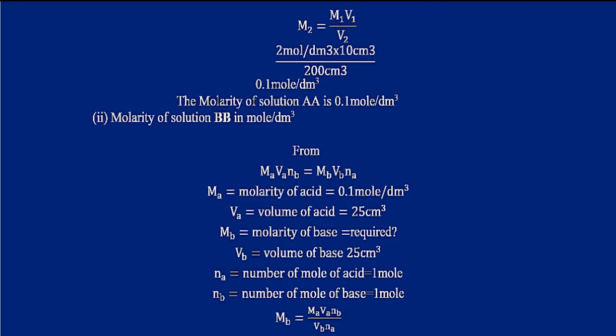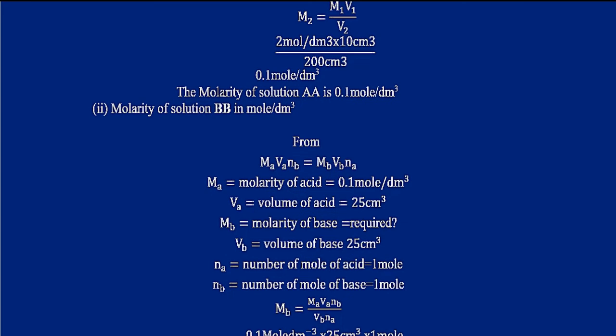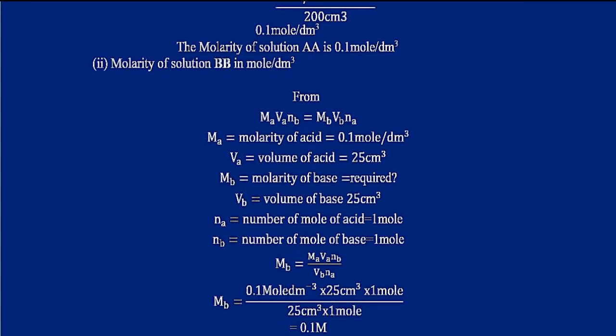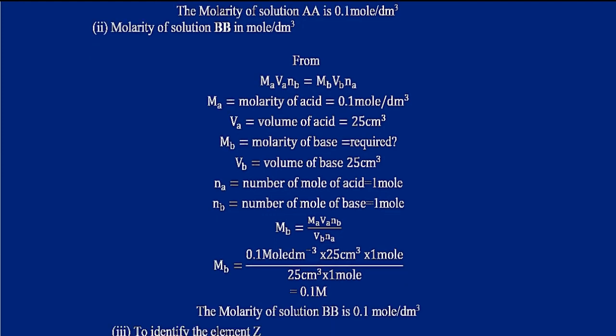Then the molarity of base is that one, 0.1. Make sure you use the unit and do not leave it out, that is, do not just write that MB equals 0.1. Write the conclusion of the answer: the molarity of solution B is that one.